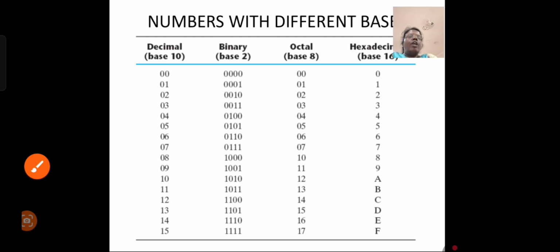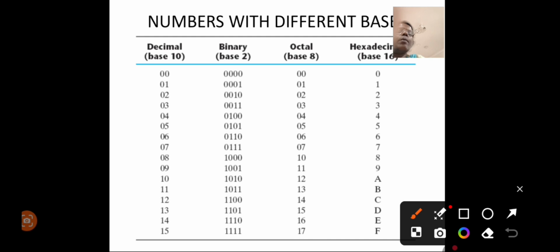Now with reference to the hexadecimal symbols, we can write the corresponding value in each of the other number systems: octal, binary and decimal. Each symbol of the hexadecimal number can be represented in octal, binary as well as decimal. For example, 0 is 0 in octal, 0 in binary, and 0 in decimal.